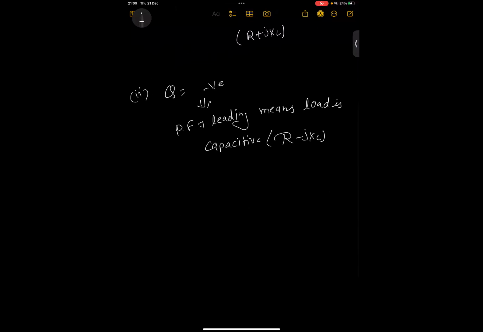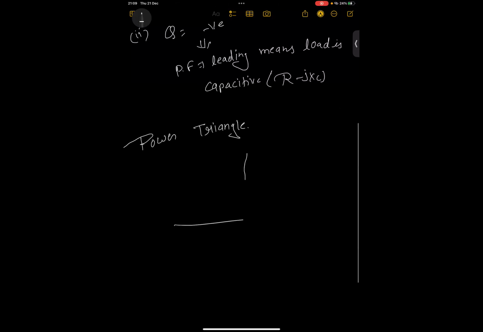Okay. So now I'm going to explain you power triangle. As I explained you in previous one example, that is P power, Q power, S, and this is theta. Okay. So here is S equal to P plus JQ.